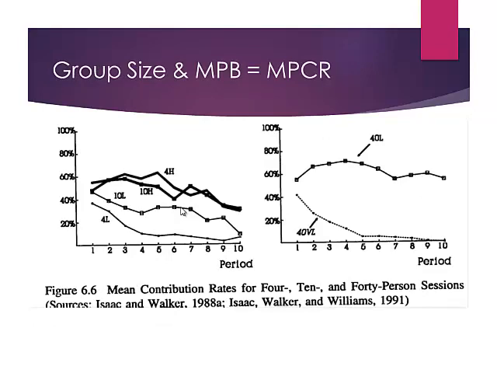This is another experiment of the same kind. In the first chart on the left hand side you have two conditions. You have groups of 4 and groups of 10, and then you have low marginal private benefit. Actually, I think it's the same chart as the previous one.